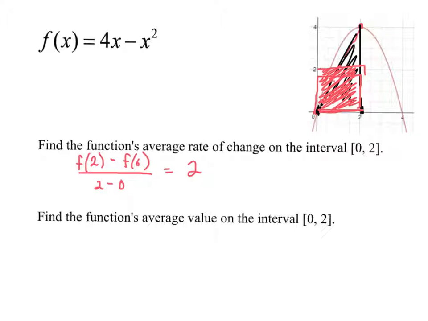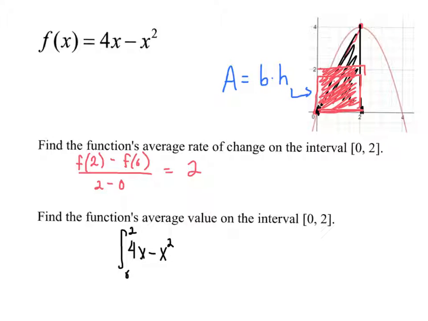It says, I want to find the height of the rectangle that has the same area as the function. So we need to find the area of the function. And then, just like any geometry, if you know the area, of course, is base multiplied by height for the rectangle.